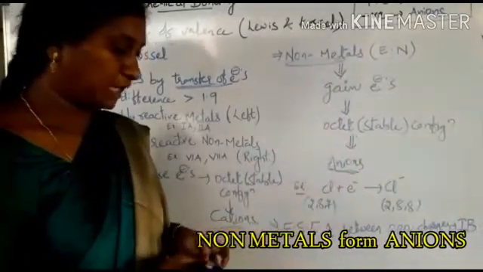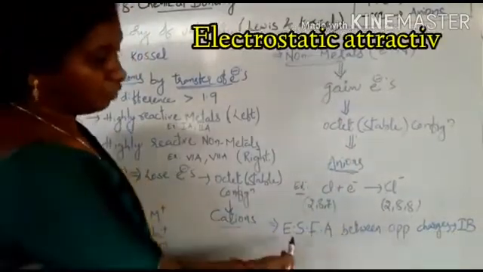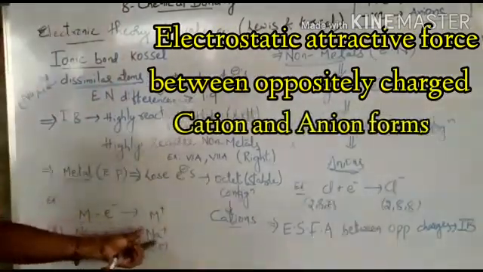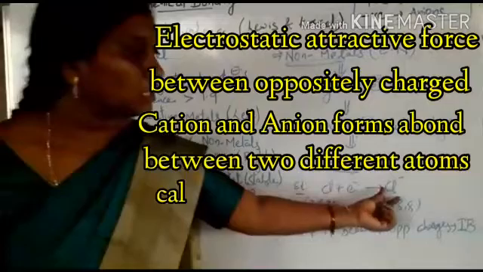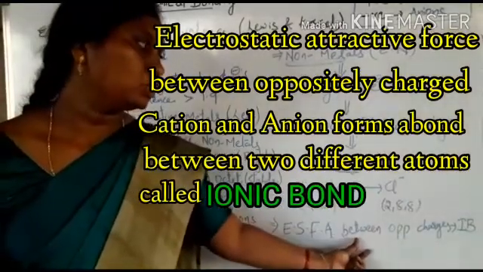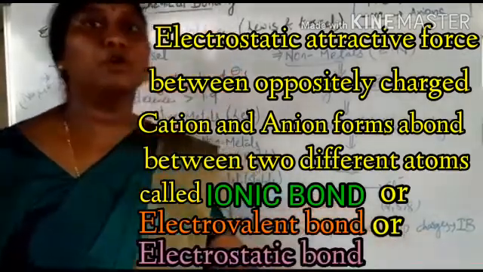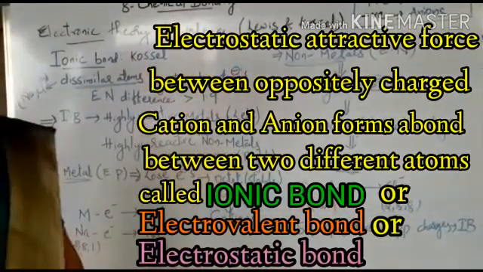So two opposite charges are formed. Then the electrostatic force of attraction between the positively charged cation and the negatively charged anion leads to a bond called an ionic bond, or electrostatic bond, or electrovalent bond.